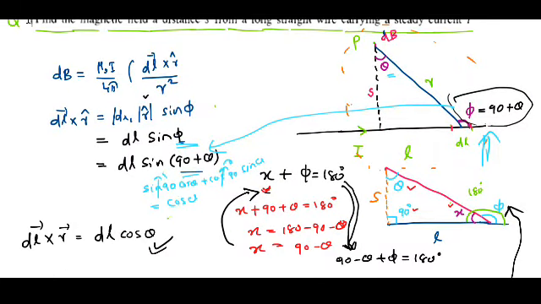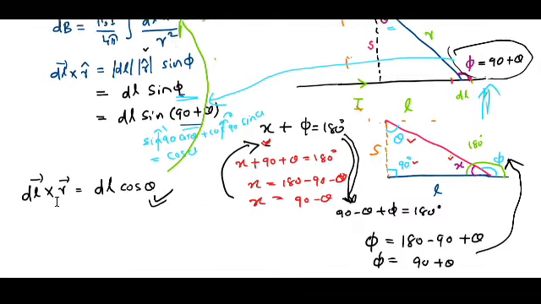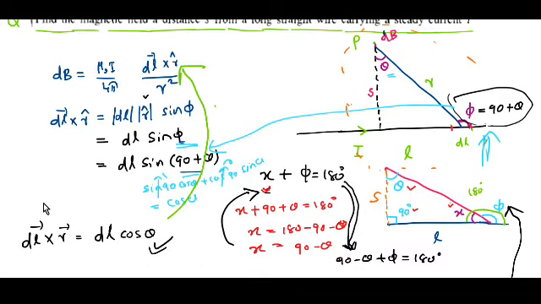into this expression, we can write our dB as equal to mu 0 I by 4 pi, dl cos theta divided by r square. Let me put this as equation number 1.